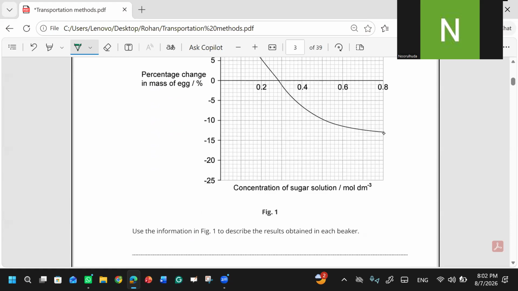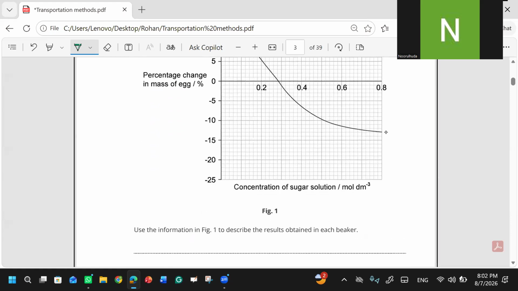At the last point, the concentration will be high. The percentage increase of mass will decrease. It means when the percentage of mass change is decreasing, the concentration of sugar solution is high, right?